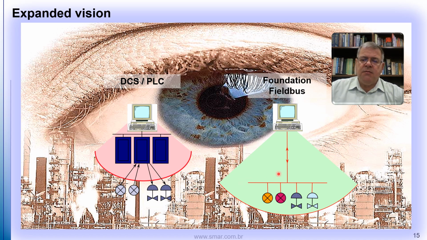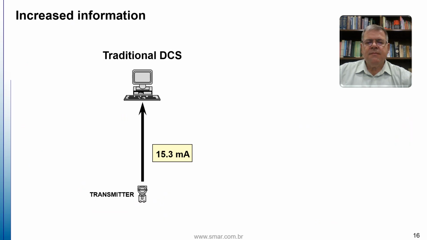For maintenance, the Foundation Fieldbus network is quite interesting because it sends us the fault. Furthermore, it provides information on the position of the fault, such as a malfunctioning sensor. In a standard 4 to 20 milliamperes system, the transmitter transmits a current signal to the controller, for instance 15.3 mA.